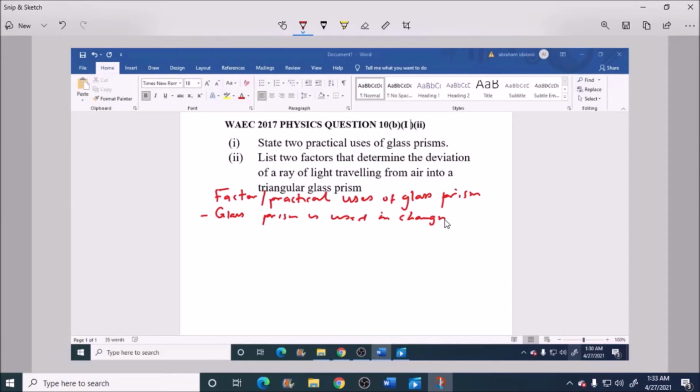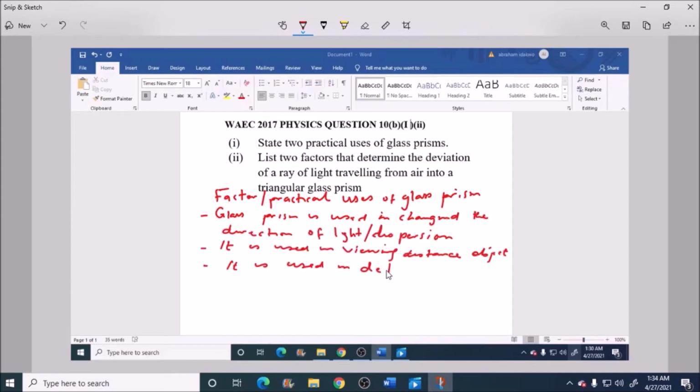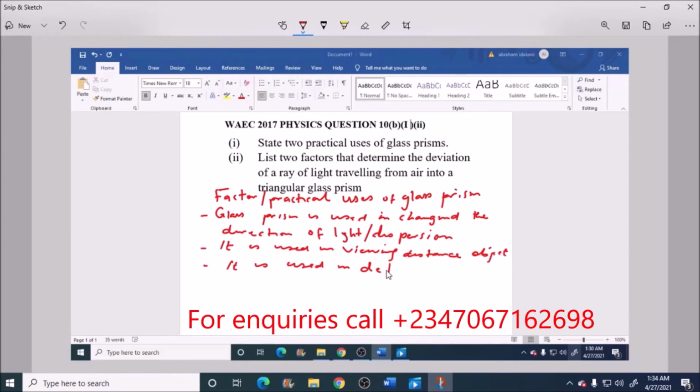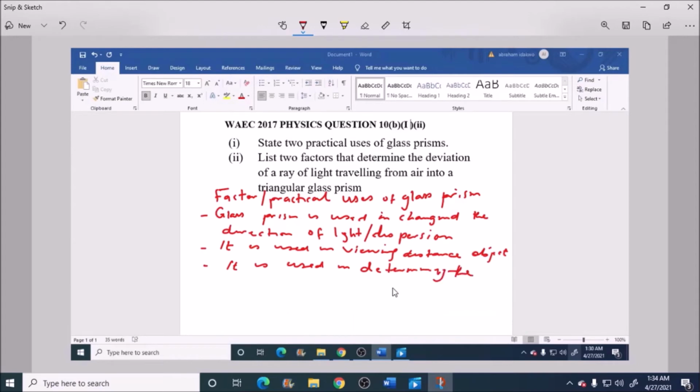Okay, it is also used in determining the refractive index of glass.